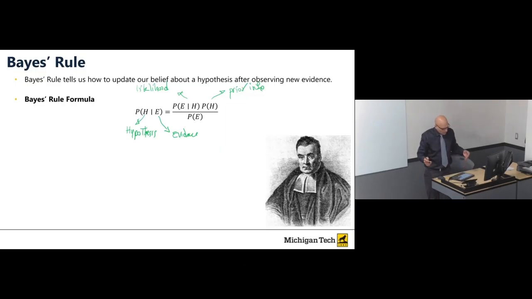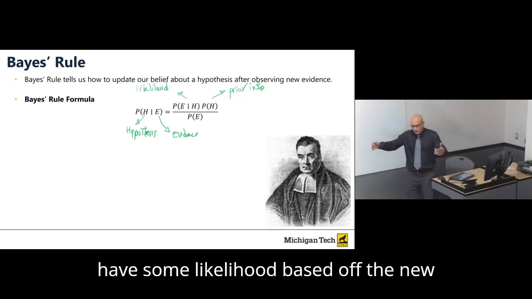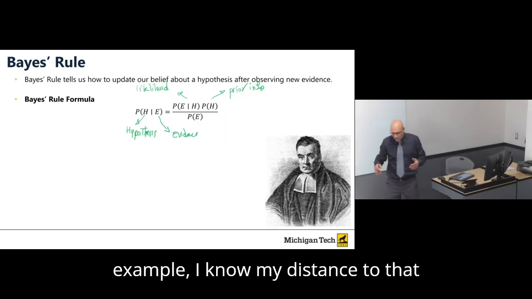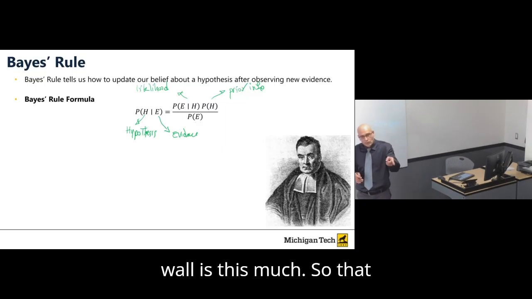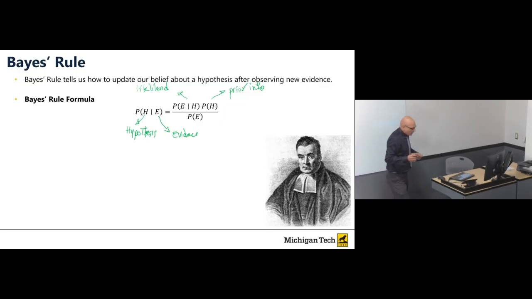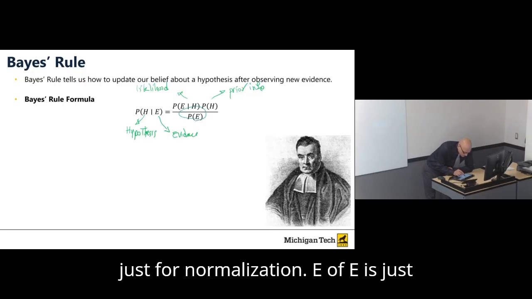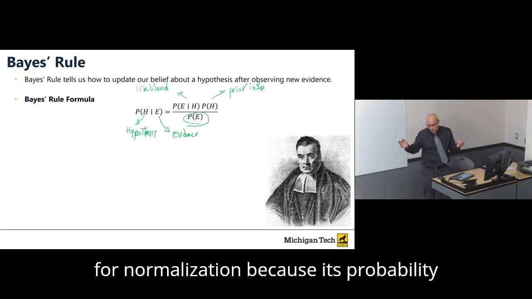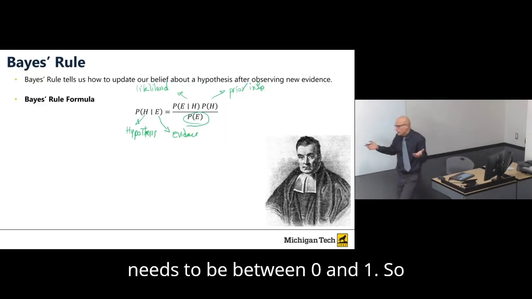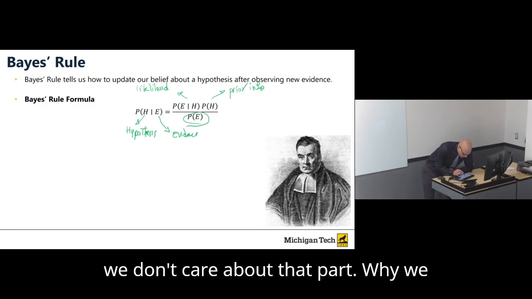I also have some likelihood based off the new measurements that are coming. For example, I know my distance to that wall is this much. So that measurement also helps me. And this part, P of E, is just for normalization because the probability needs to be between 0 and 1. So we don't care about that part.